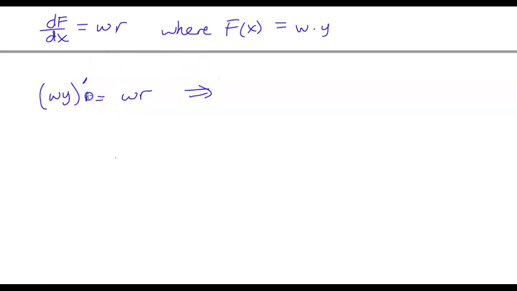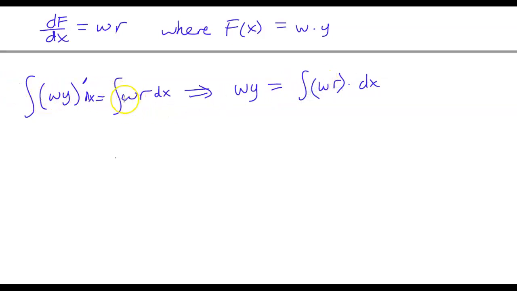So if I had dx here and then dx there, and then I integrated, then with this I'm undoing a derivative, so I'll just have wy. And over here I would already know what w is, I would already know what r is as well, so that function would be whatever it's going to be.